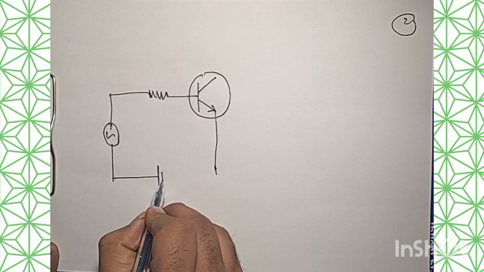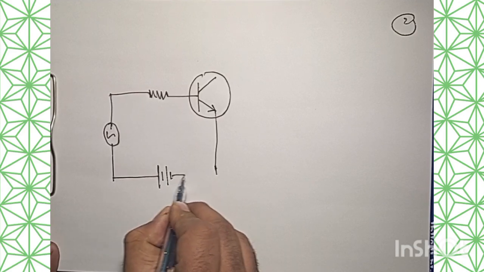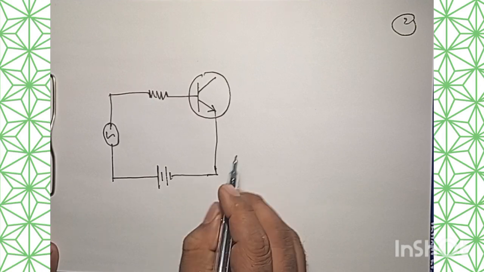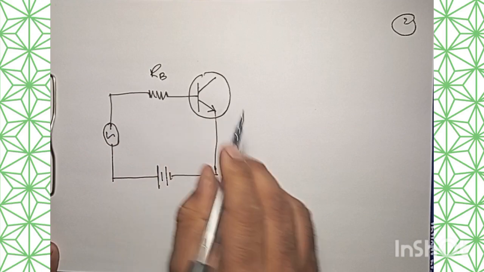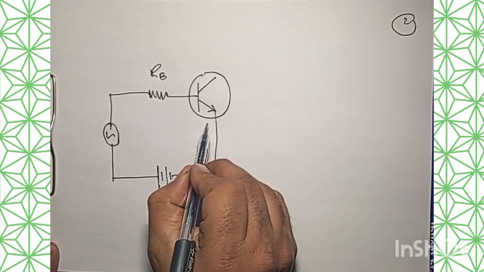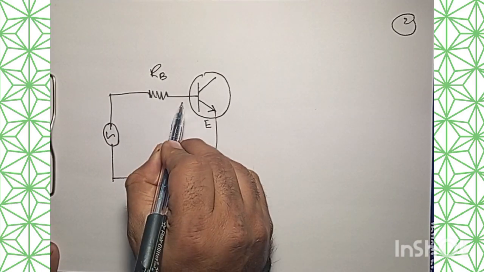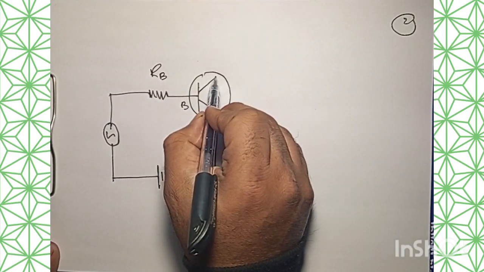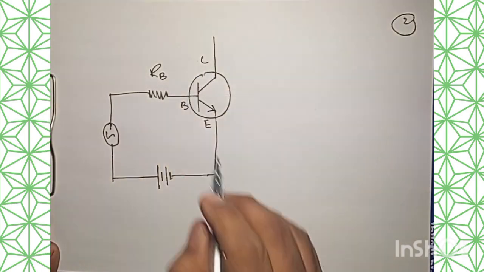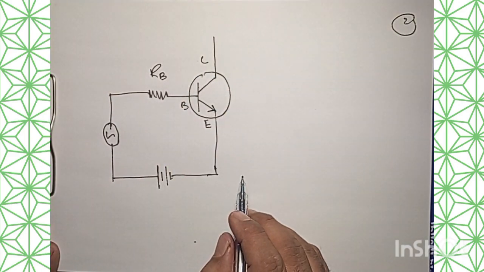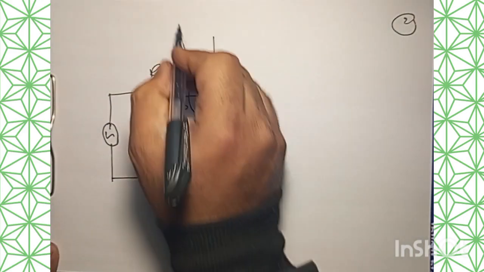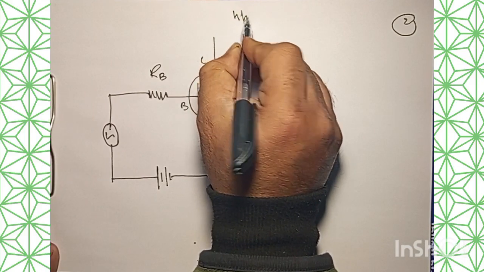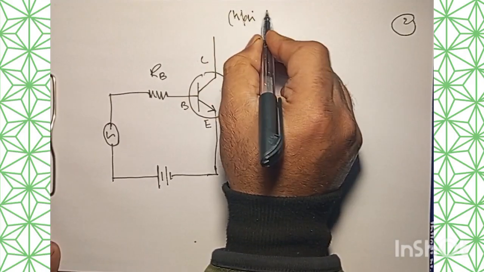So this should be positive, negative, and positive, and this should be like this. Okay, so this is my input. So let me assume that this resistance is RB, and this is my emitter, this is my base, and this is my collector. All right, so things are clear up to now. So this is an NPN transistor.